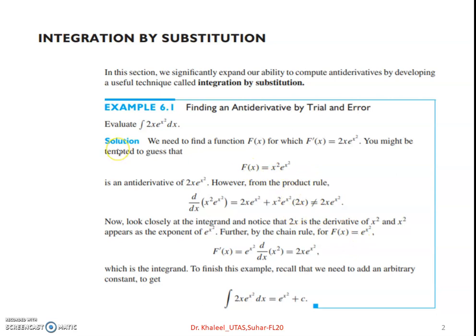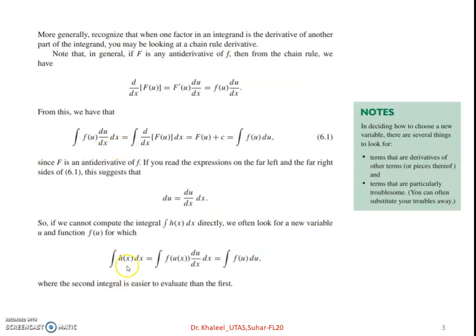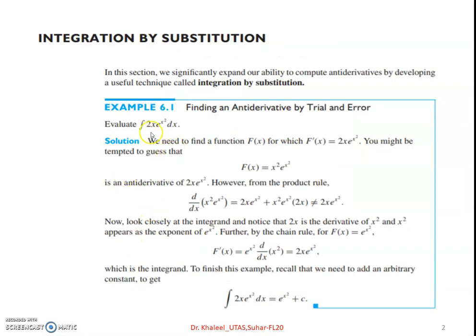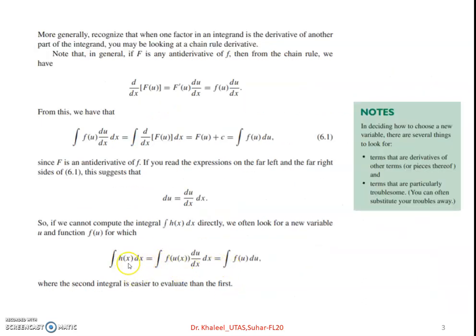What we found in this example is that we can have a function h of x which is not directly integrable. Here, h of x is 2x e to the power x square, and this h of x is not integrable. Therefore I write h of x as f of u of x times du by dx, dx.